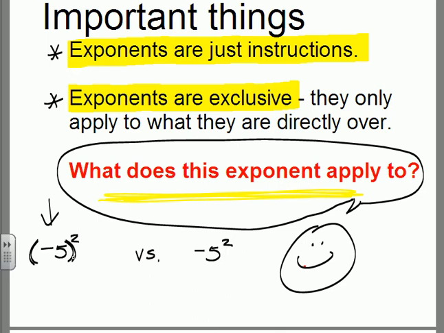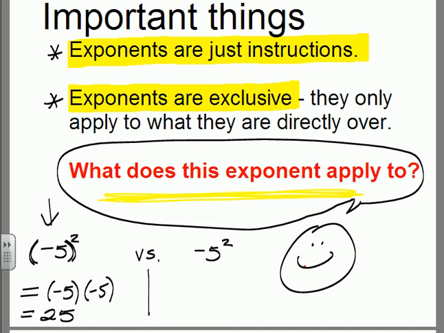So this 2, this instruction up here, tells us to do something to the whole thing, -5. And what does that little exponent mean? It means to take whatever it applies to, the -5, and multiply it times itself 2 times. And that's what we've just done, and we would get as an answer a positive 25. Is this sounding familiar?